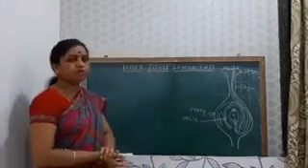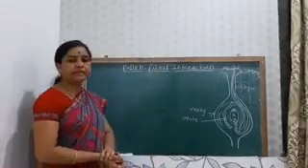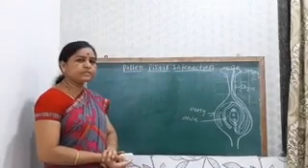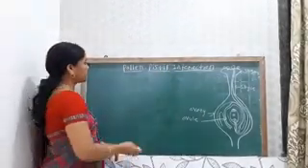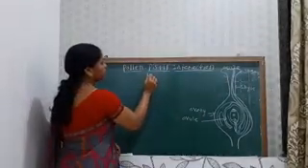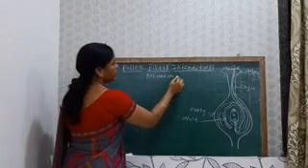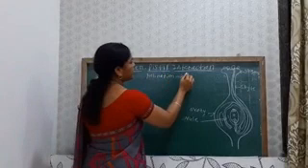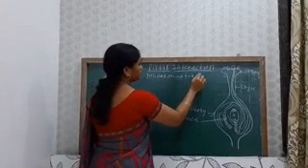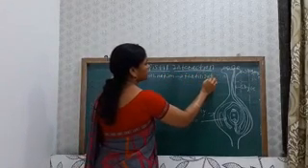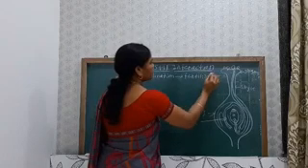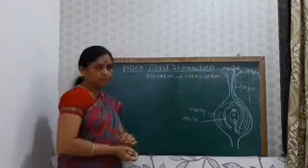So today we see how the pollen-pistil interaction works. It mainly starts with pollination and ends with fertilization. What is meant by pollination?